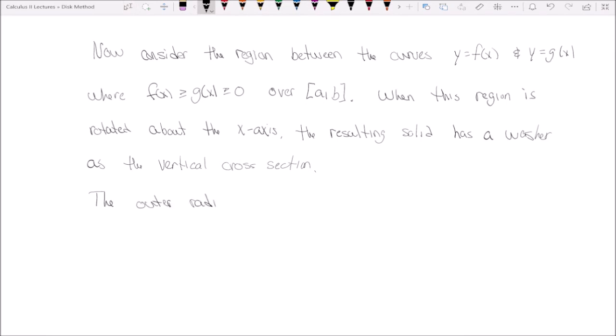The outer radius is f of x, and the inner radius is g of x. Okay?